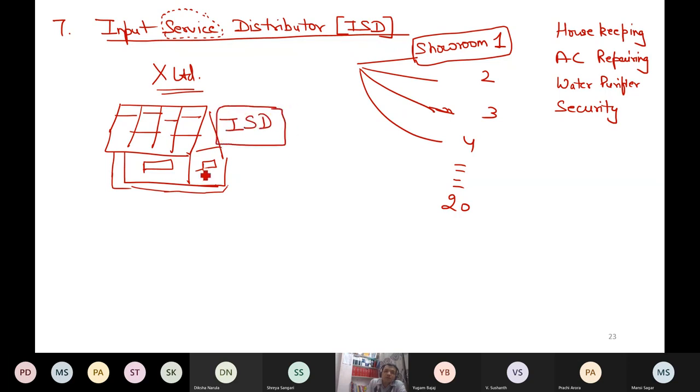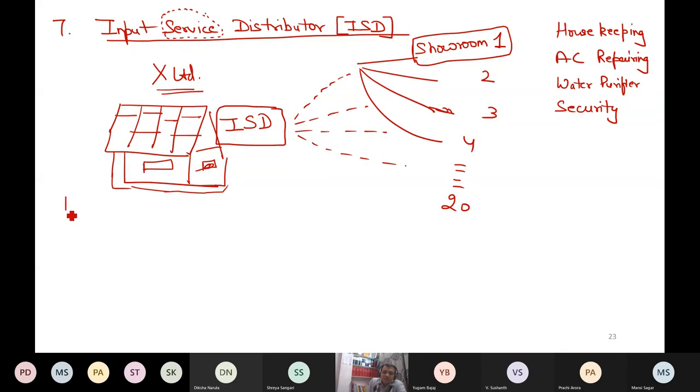Now this office is not selling anything. The office is not purchasing anything, and if purchasing, the office is purchasing only some services to be given further to its own showrooms. So technically there is no public dealing.